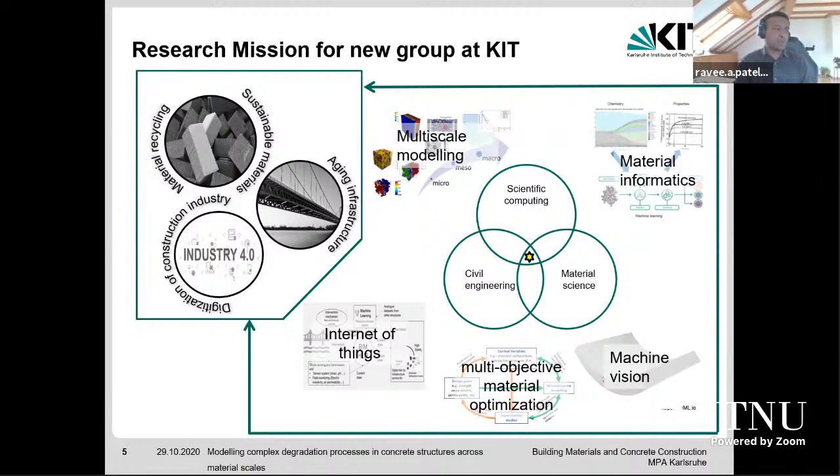And in this group, we focus on three key challenges which are currently faced by the construction industry, mainly to move towards sustainable materials and material recycling, to deal with the aging infrastructure, when to repair, how to repair, and to move towards digitization of the construction industry, and that is Industry 4.0, where the machines and components are connected, and how this can be linked in the construction sector.